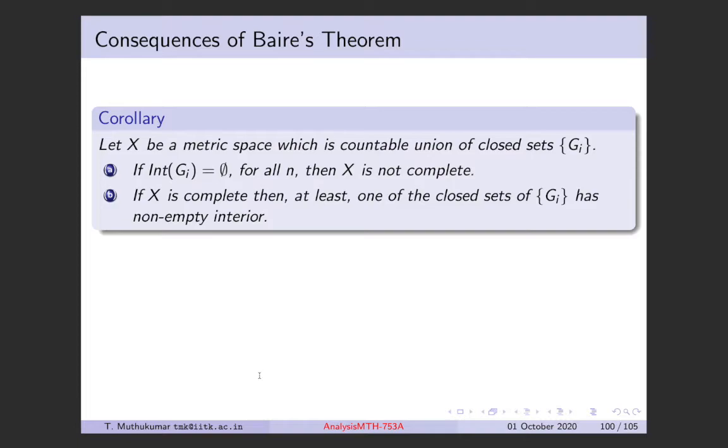Now let us look at some consequences or corollaries of the Baire category theorem. If X is a metric space which is a countable union of closed sets, then if the interior of the closed sets is empty, then X is not complete, and if the metric space X is complete, then one of the closed sets should have a non-empty interior.